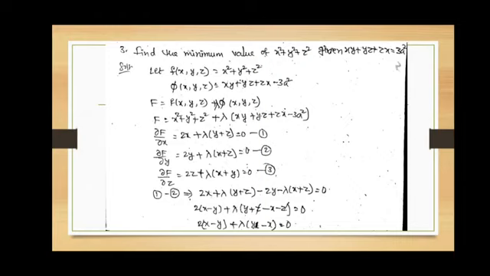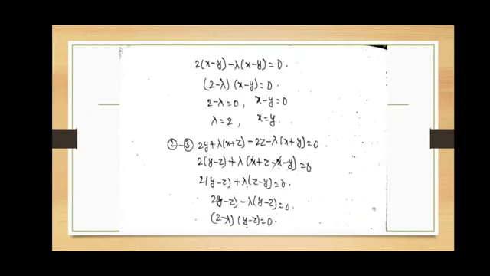Here minus into plus gives minus, so minus 2z minus lambda of x plus y is equal to 0. For this we write 2y minus 2z as one term, and take lambda common in the other terms: lambda times x plus z minus x minus y.